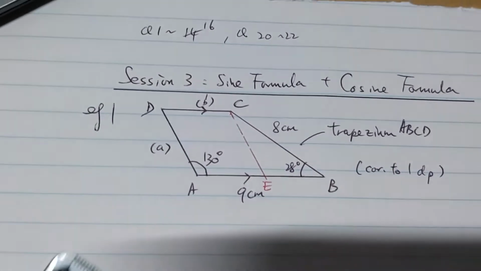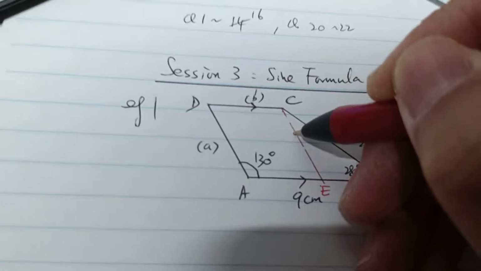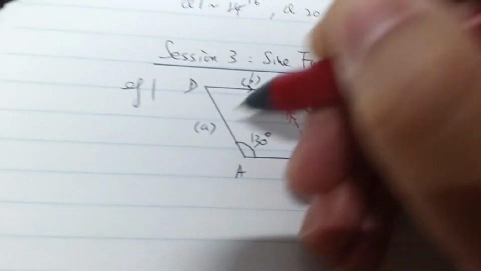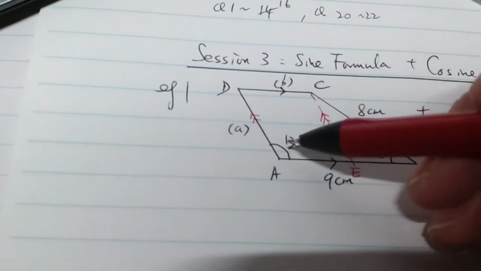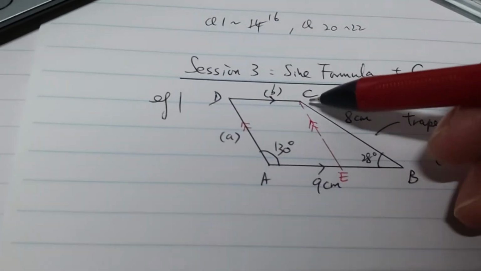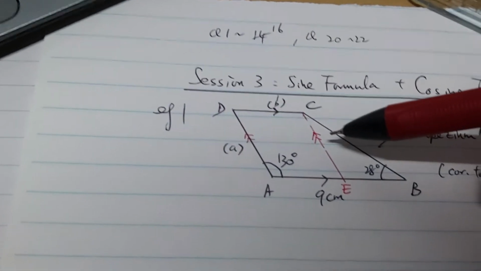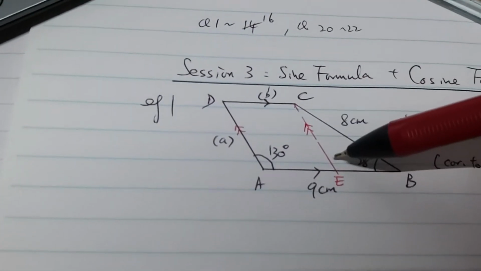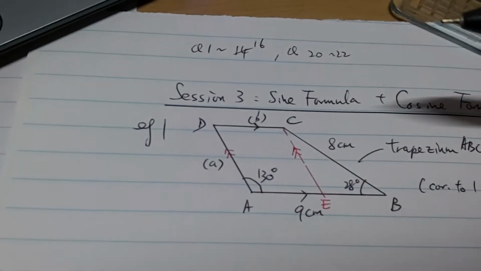Therefore, the length of CE is just the length of AD. So if we can find the length of CE, we can find the answer of part A.